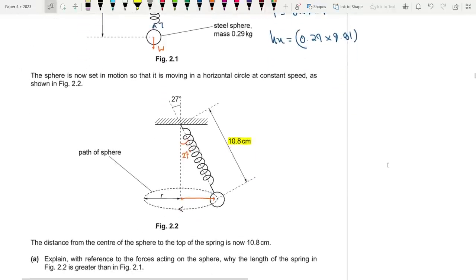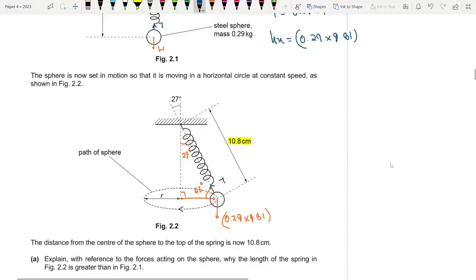However, now what has happened exactly? If you look at this tension over here, now it is divided into two components, right? The weight is acting like this downwards, which is still 0.29 times 9.81. Now the concept is basically how much is that angle? 90 minus 27, which is 63 degrees. So basically this component of tension, or you could honestly just take the alternate angle. Like, let me show you.